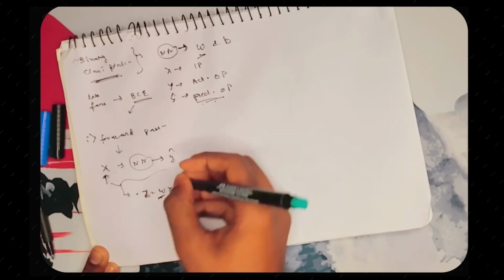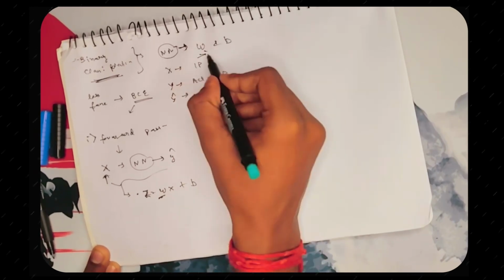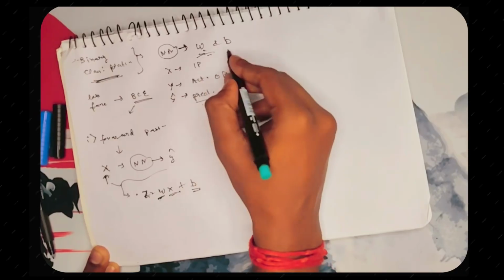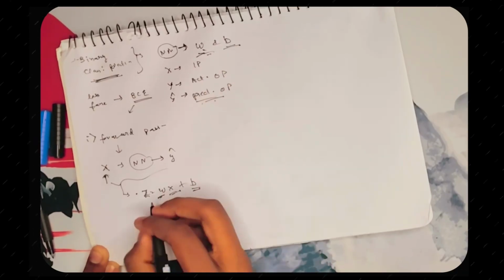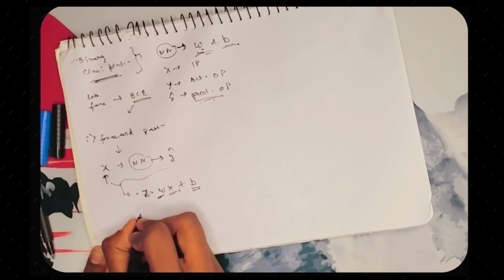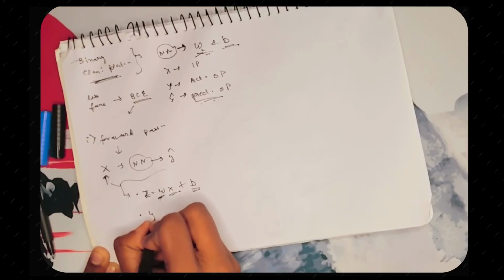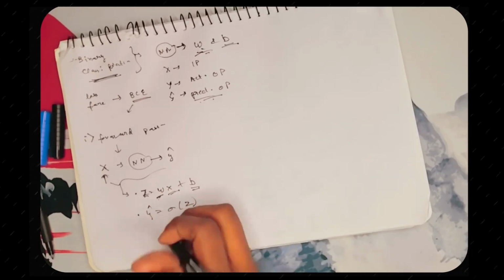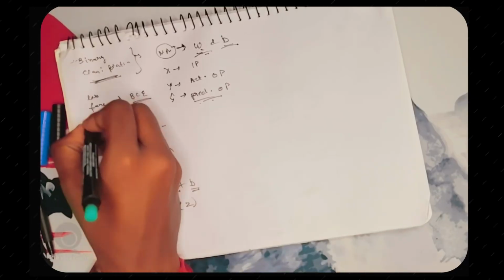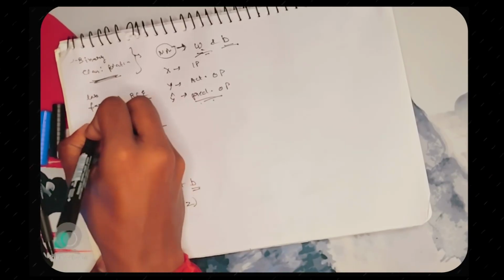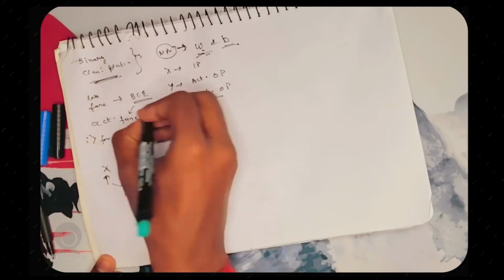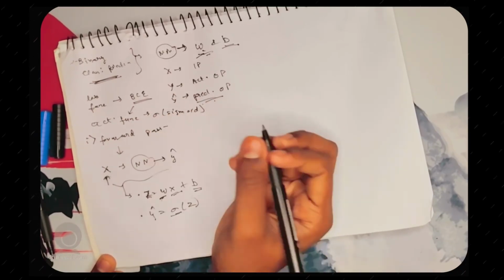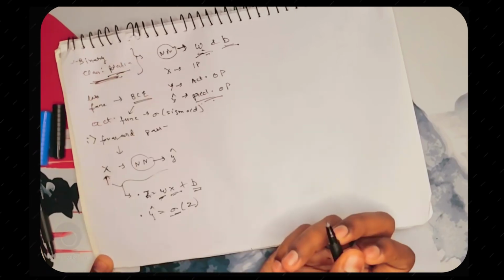Here w is all the weights in my neural network, x is my input, and b is all my biases. First we calculate this, and then we calculate our y hat as sigmoid of z. Sigmoid is an activation function which is typically used in binary classification problems.